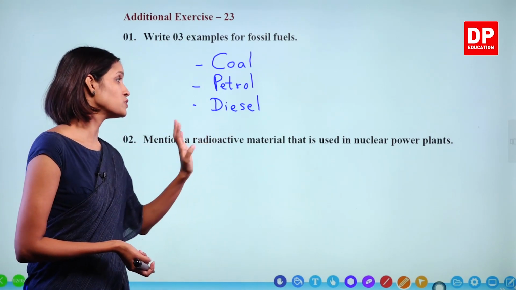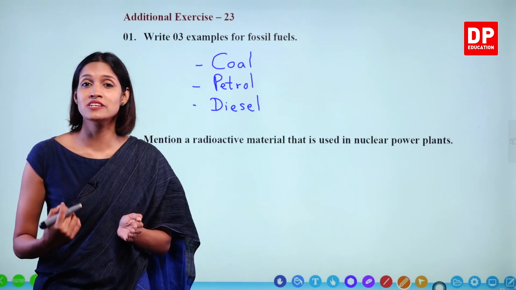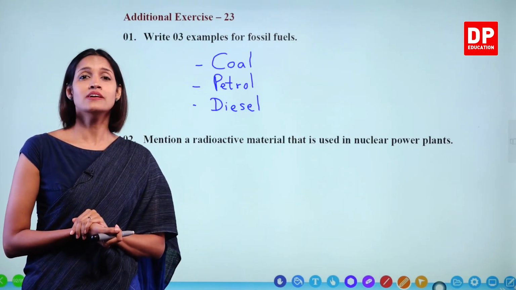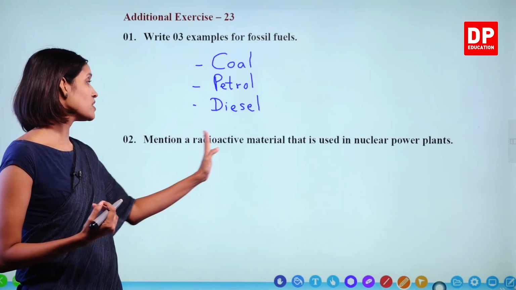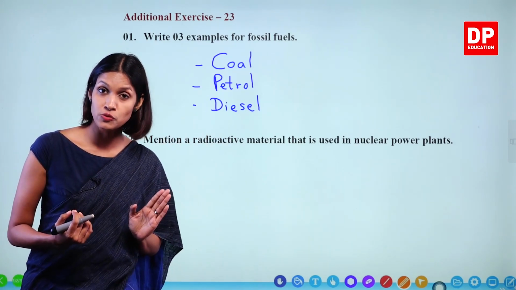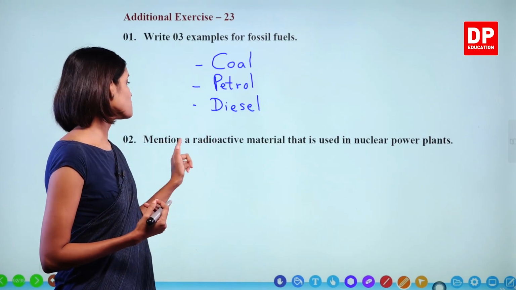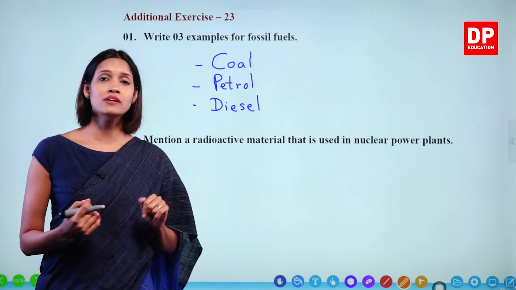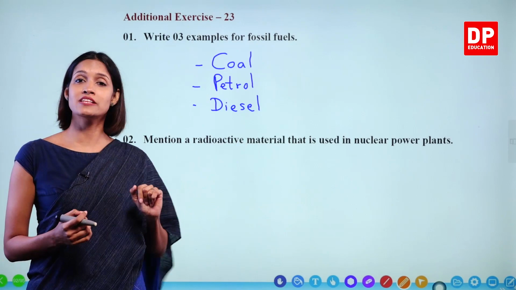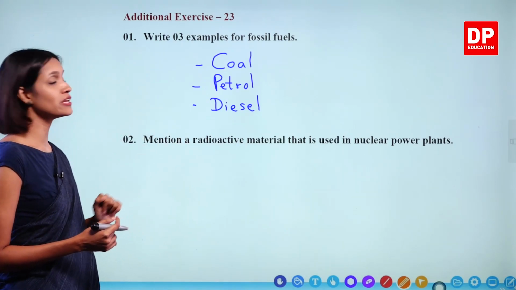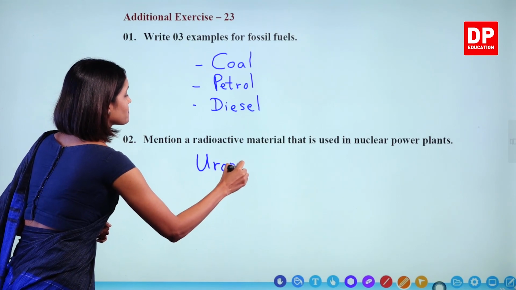Now I explained to you that in nuclear power plants, using special types of elements we can generate nuclear energy, right? So the special types of nuclear fuels are known as radioactive materials, okay children, because of their special properties. So what are the examples? The most widely used radioactive material in nuclear power plants is uranium, and thorium is also used. Let's write uranium.